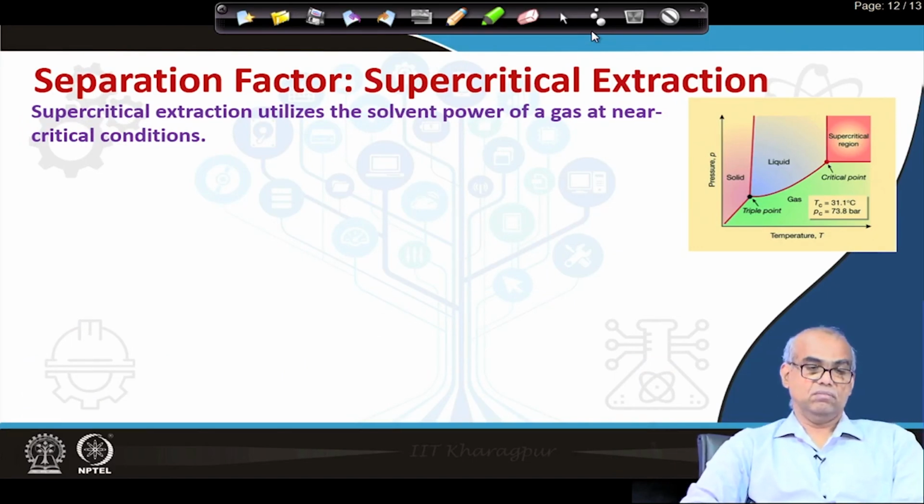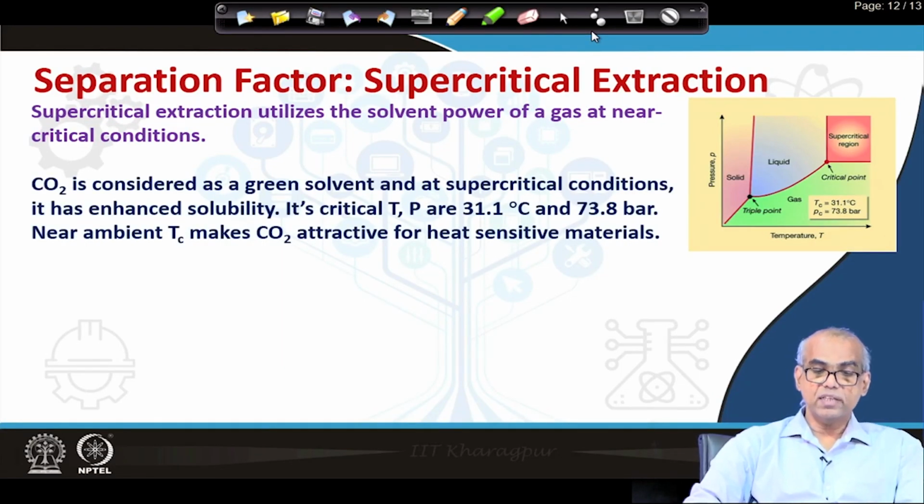Supercritical extraction. Supercritical extraction uses the solvent power of a gas at near critical conditions. Carbon dioxide is considered a green solvent. At supercritical condition, it has very high solvent power and very enhanced solubility.